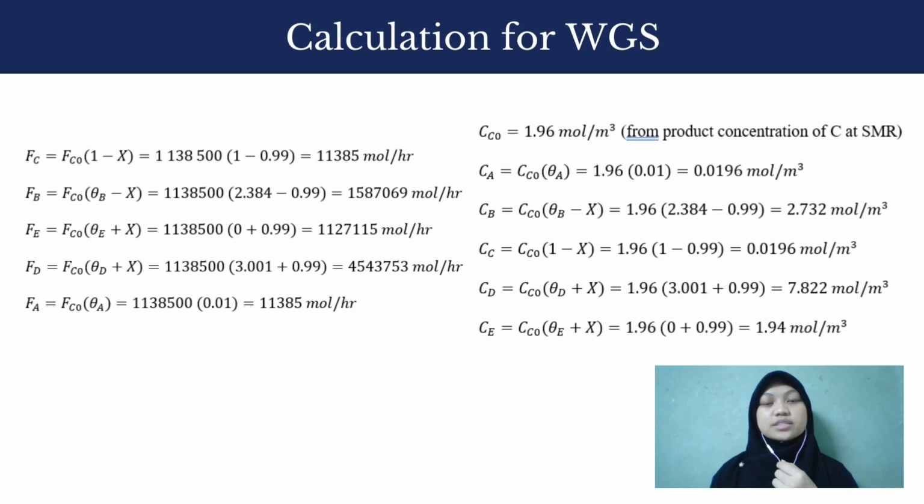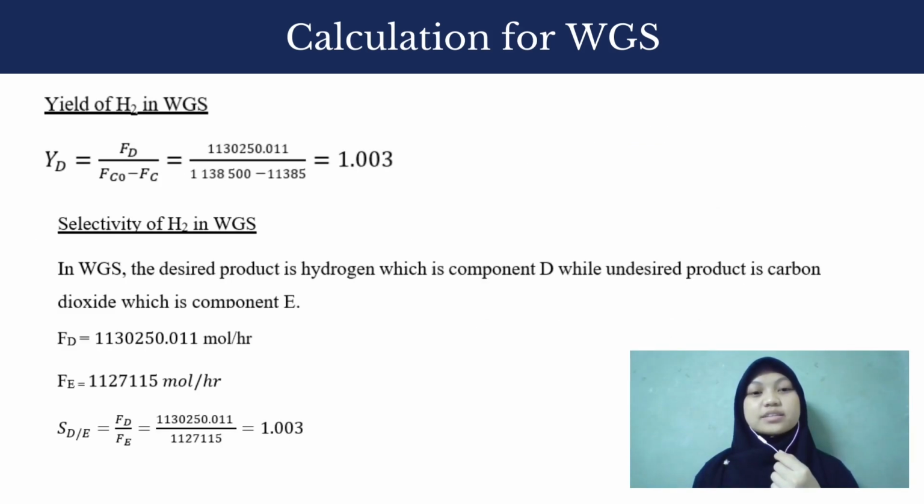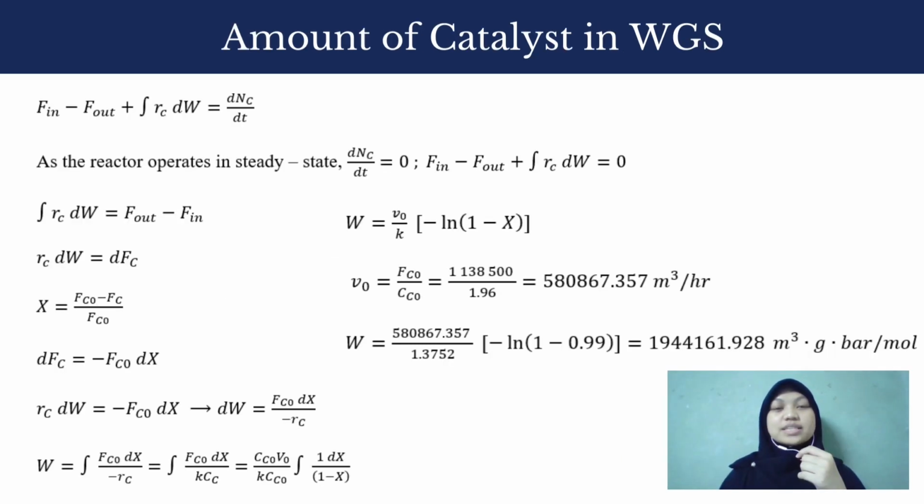Then the flow rate and the concentration for all species are calculated. After that, the yield and selectivity of hydrogen gas are calculated, and both share the same value, which is 1.003. Lastly, the amount of catalyst needed in the PBR for the WGS reaction is calculated.